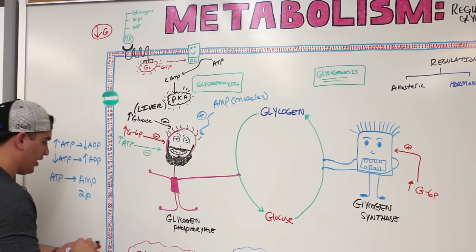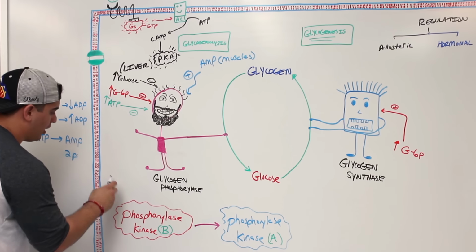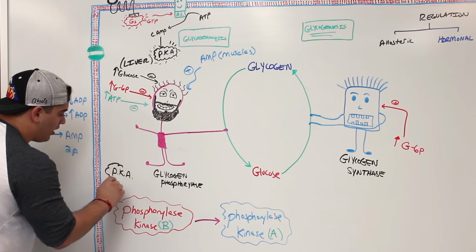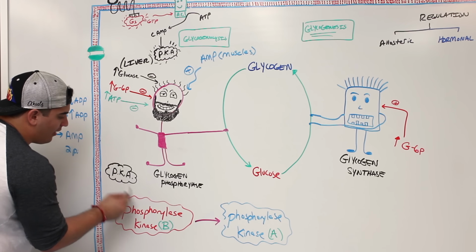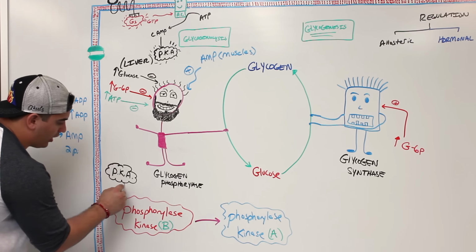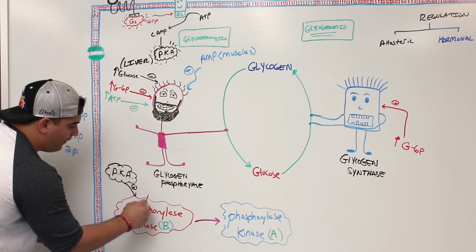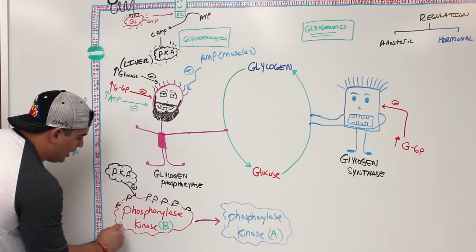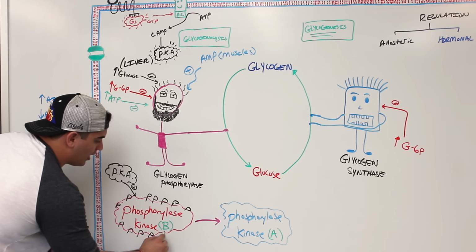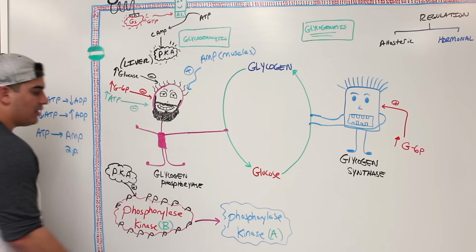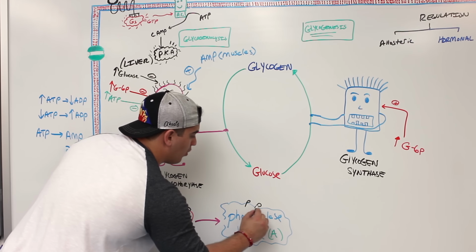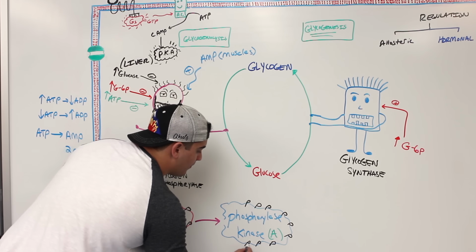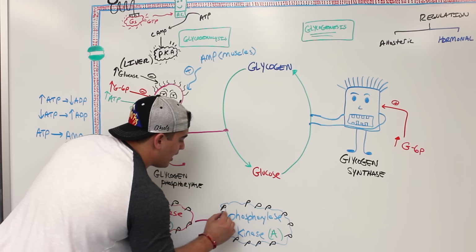So look at what happens here. Here's our protein kinase A. This protein kinase A can come over here and it can phosphorylate this molecule. So now he's going to phosphorylate him. If he phosphorylates this phosphorylase kinase B, it activates this enzyme. When this enzyme is activated, then what is he going to be? Phosphorylase kinase A. So the phosphorylated version of this enzyme is active.